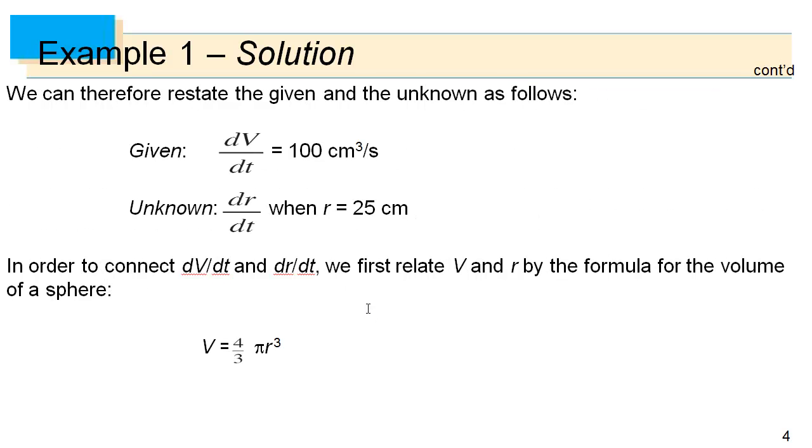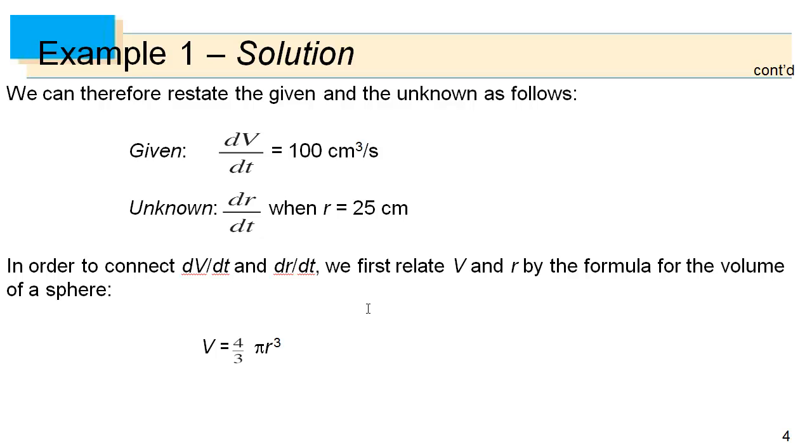We can then restate what we're given and what we're trying to find in terms of derivatives, right? We're given the rate of increase of the volume, that's dV/dt, and we're trying to find the rate of increase of the radius when the diameter equals 50, but when the diameter equals 50, that's the same thing as radius equals 25. But that rate of increase of the radius is just dr/dt.